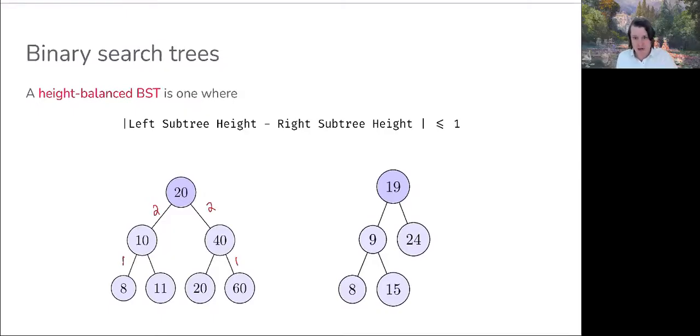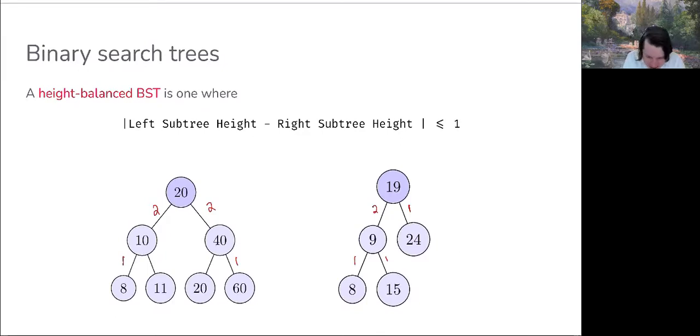So that would satisfy what it means to be a height balanced binary search tree. Likewise, if we look at the example to the right, the left subtree here will have a height of 2. That on the right will have a height of 1. 2 minus 1 is less than or equal to 1. So that would be a height balanced binary tree as well.